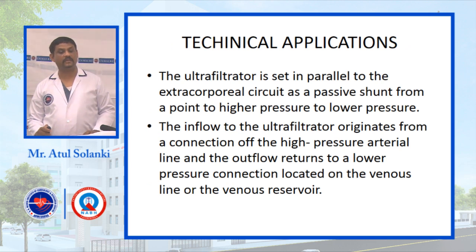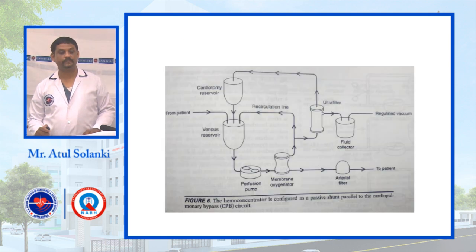Technical applications: ultrafiltration is set in parallel to the extracorporeal circuit as a passive shunt from a point of higher pressure to lower pressure. The inflow to the ultrafilter originates from a connection on the high pressure arterial line, and the outflow is returned to a lower pressure connection located on the venous line or venous reservoir.